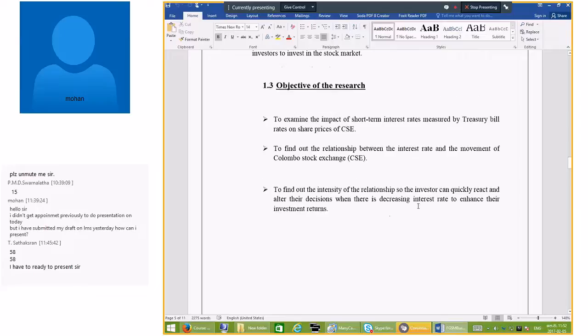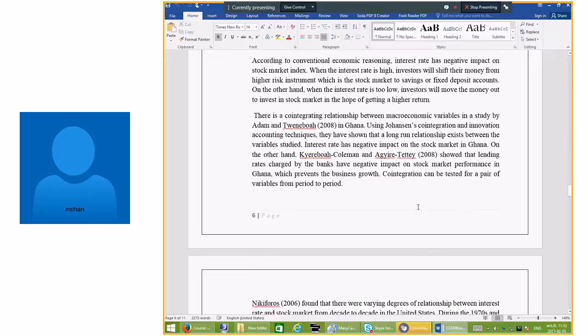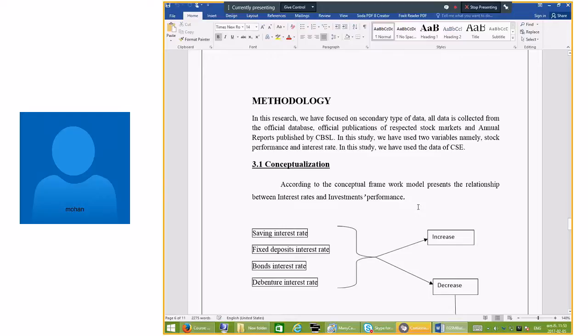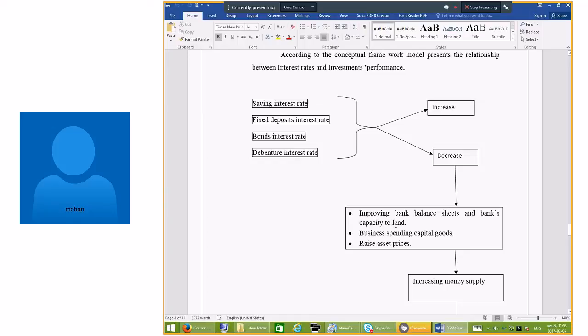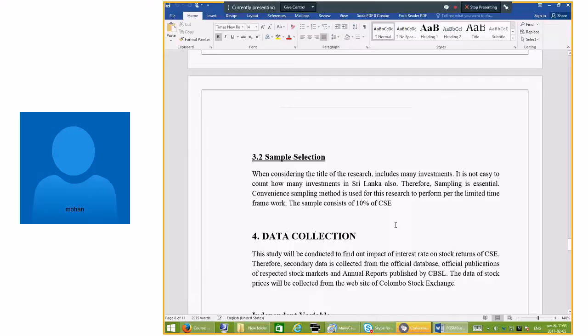According to my research, my research problem is to identify the impact of interest rate on the stock market index. The stock market index can give us an idea of the health of the economy. There are many factors that affect the stock market index's performance, including monetary factors, so interest rate has been used in the study.